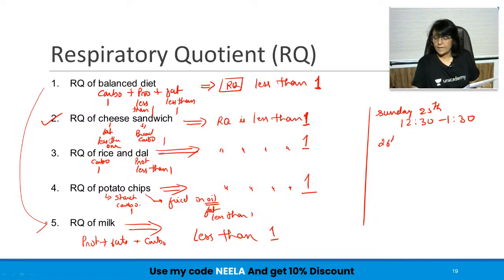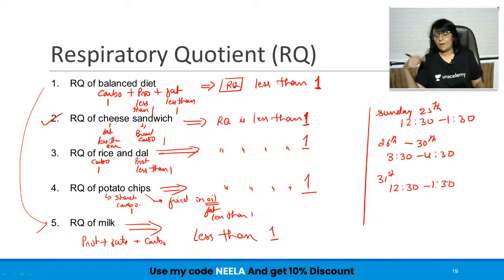Then 26th to 30th, the timing is going to be 3:30 to 4:30. Then again on 31st, it is going to be 12:30 to 1:30. After 1st of November, we won't be changing the timings like this. It is just because I have some important assignments.